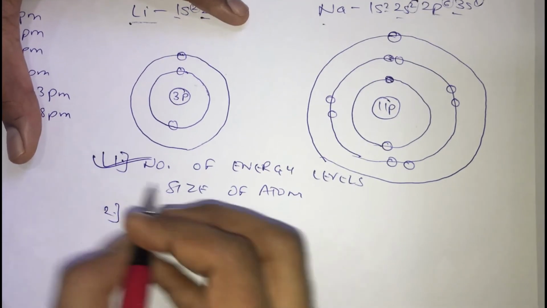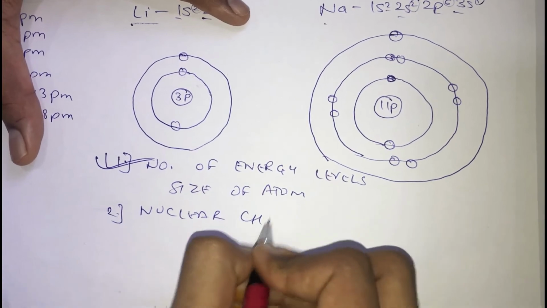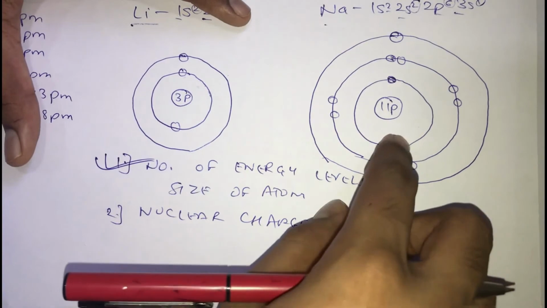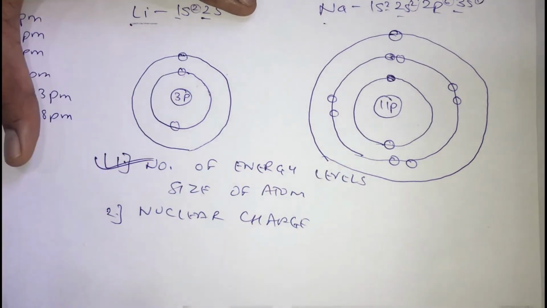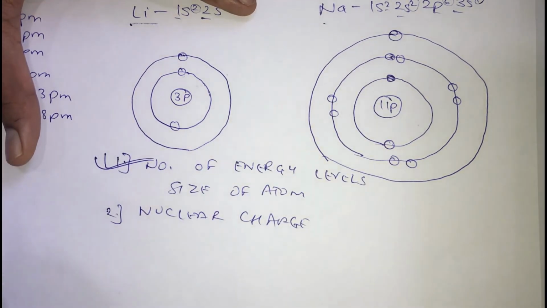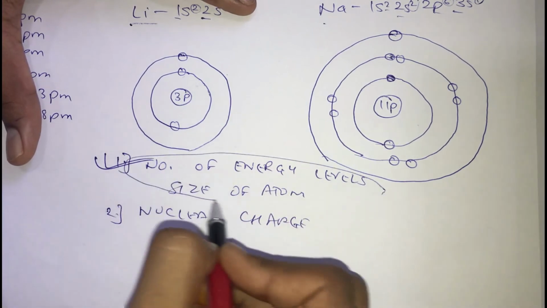Okay, now you might say here that the nuclear charge of sodium is greater and the nuclear charge of lithium is less. Yes, it is true that the nuclear charge of sodium is greater, but guys, when you consider the three factors, the first factor, that is the number of energy levels, is dominant as compared to nuclear charge.